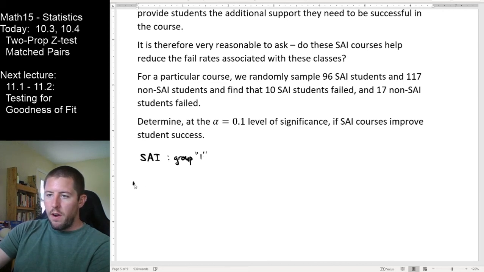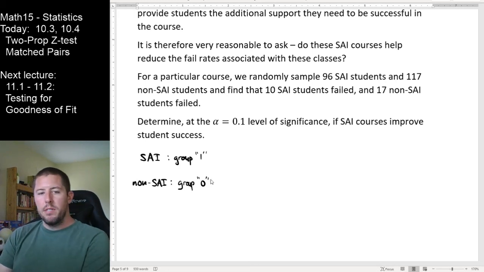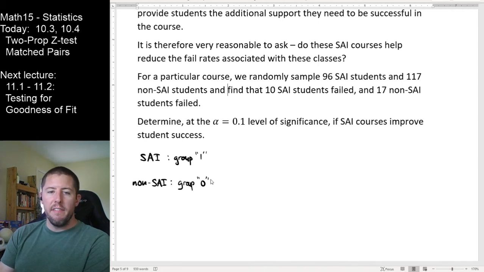As far as labeling these things go, on our previous one we had men and women, so that was easy for us to label as M and W. Here, another thing I want to suggest to you is that it's typically good to use numbers 0 and 1 sometimes instead of 1 and 2, because 1 and 2 distinguishes just between two generic objects. But I typically think of 0 as sort of like a false or doesn't have it, and a 1 as a true or does have it. Or you can even think of like a power button, it's off or it's on.